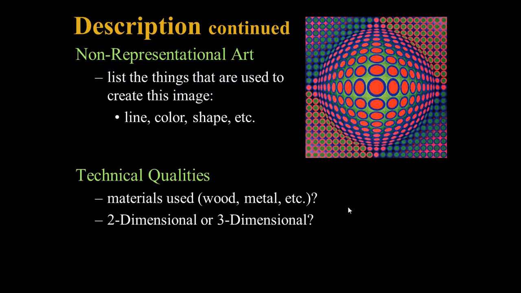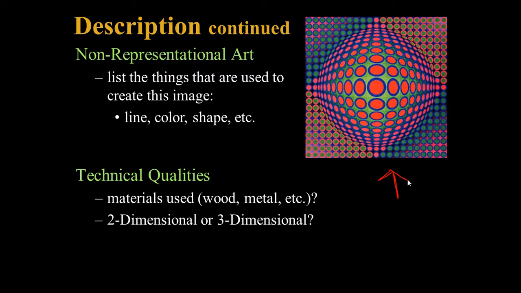And then non-representational art, 1B. If you're looking at an image like this over here on the right-hand side, we're looking at geometric shapes, color, line. We're not looking at specific things within the natural world, like a tree or a person. So when you are looking at a work of art, you're applying 1A and C or 1B and C. You're never going to apply all three, because if something is representational, then it's not going to be non-representational.